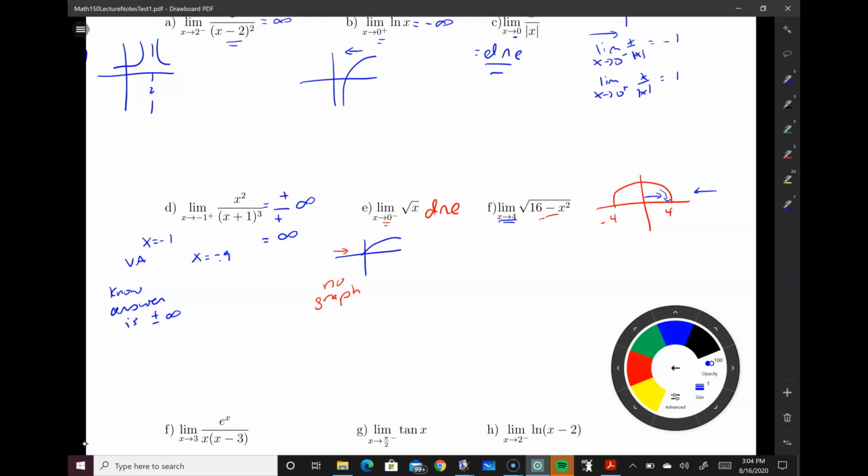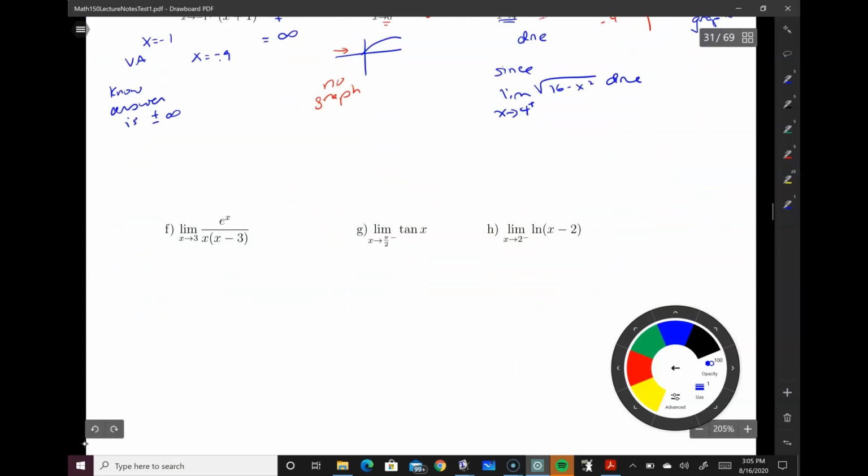From the right-hand side, there is no graph, so there is no limit from the positive side, so this limit does not exist. And I'll just write down that the limit as x goes towards 4 from the positive side does not exist. Just so you have that in your notes.